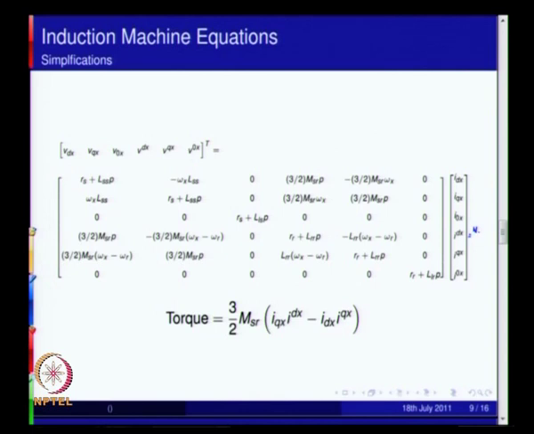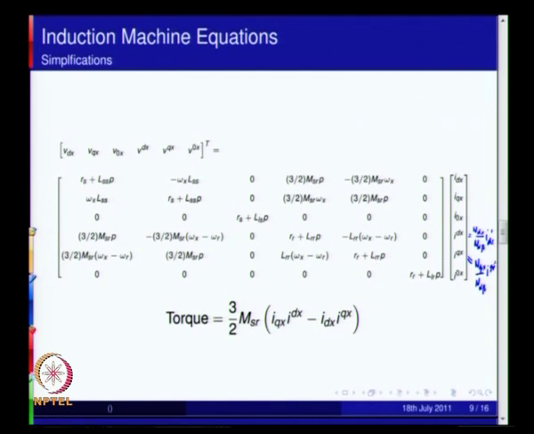Similarly, the qx term would also have n qx by n alpha beta into I qx dash.